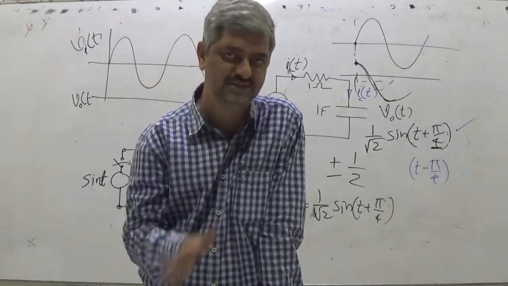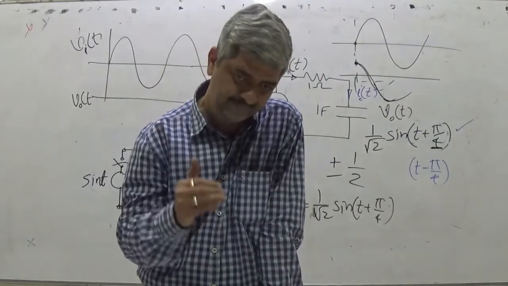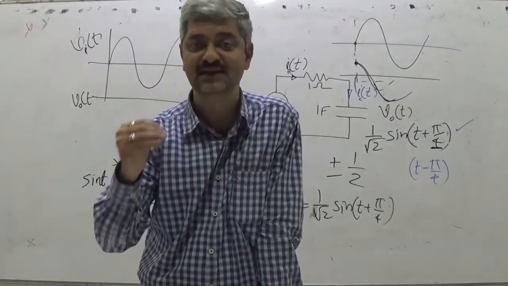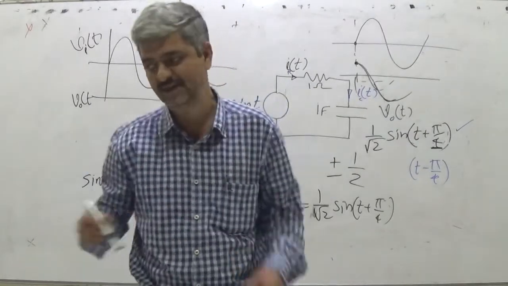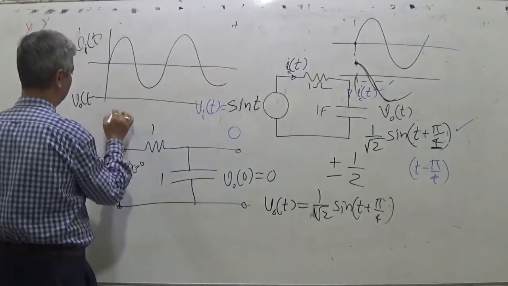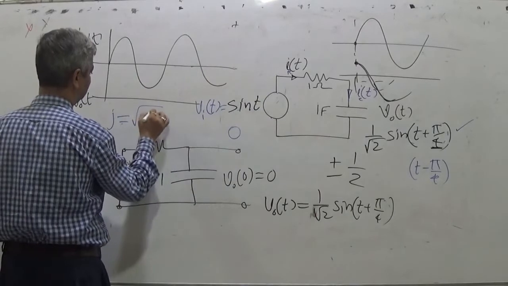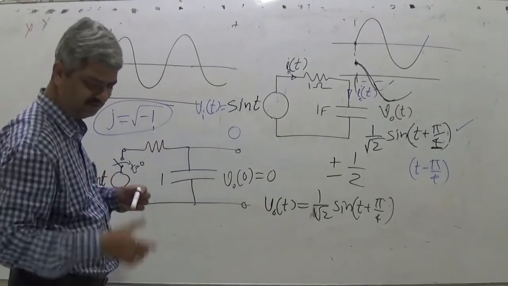Only thing is that the procedure is somewhat difficult. So I need to build some different procedure by taking help of some other techniques in mathematics, that is j equal to root of -1. So in the next lecture I would be revolving around this concept, which is a very important concept.